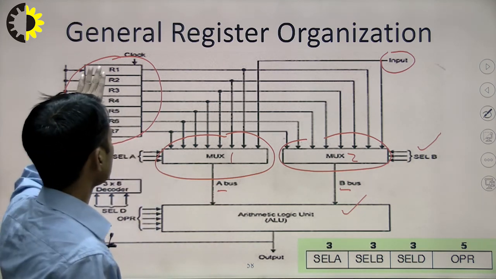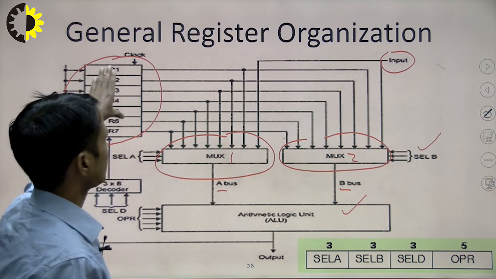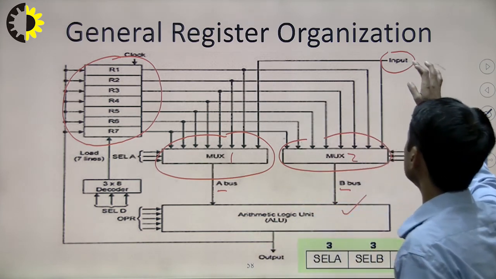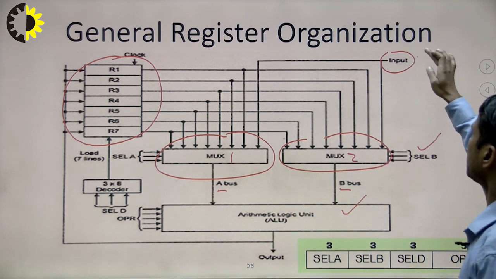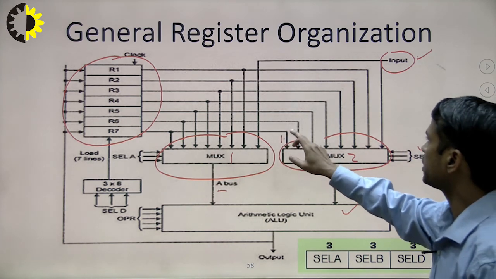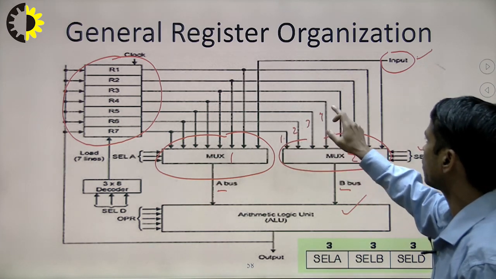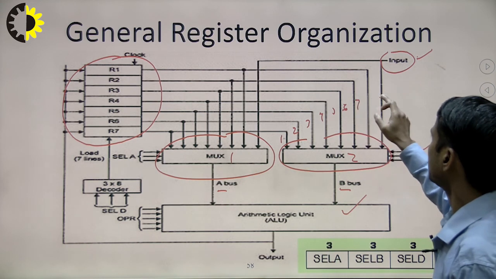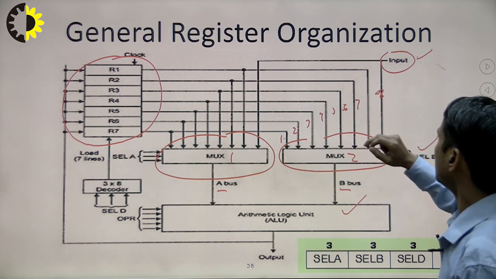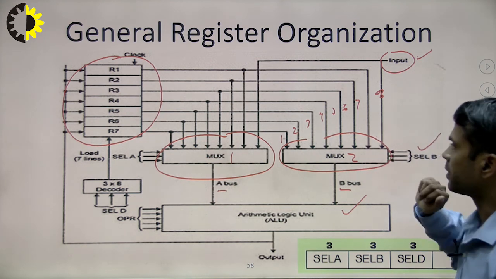So, 7 inputs are from the general registers that are available in general register organization, and one input, the 8th input, is coming from outside the CPU. You can see here 1, 2, 3, 4, 5, 6, 7 and the 8th input for the multiplexer.